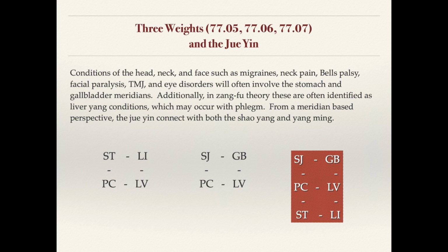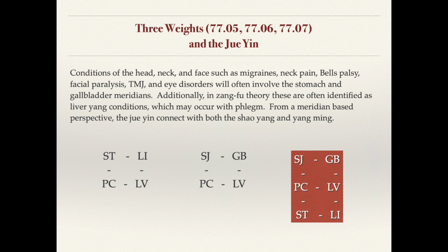And let's just read what the text says here. It says, conditions of the head, neck, and face, such as migraines, neck pain, Bell's palsy, facial paralysis, TMJ, and eye disorders will often involve the stomach and gallbladder meridians. So for conditions that are affecting the head and the face and the neck, or Bell's palsy, facial paralysis, TMJ, eye conditions, it's not uncommon that if you're looking at what area is affected, that it will occur in both the gallbladder and stomach meridians.